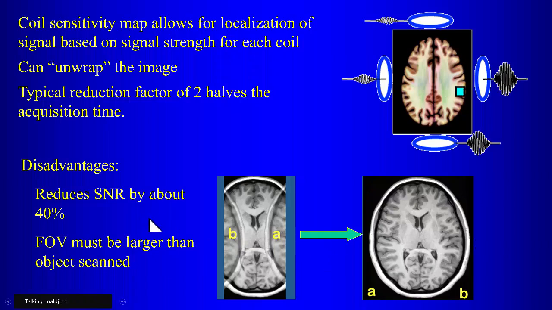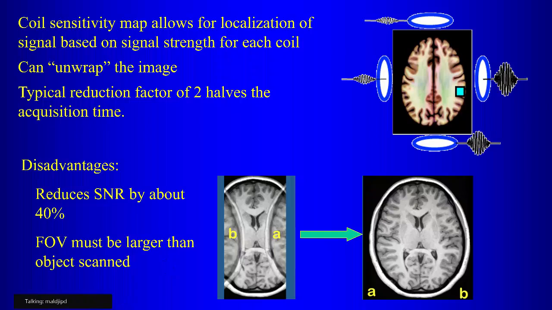Well, it reduces signal to noise by about 40%. So when you use ASSET, you will notice that your images are noisier, okay? The other thing is, if there is real phase wrap, you can't correct it. So you have to make sure that the field of view is larger than the object that you're scanning, right?